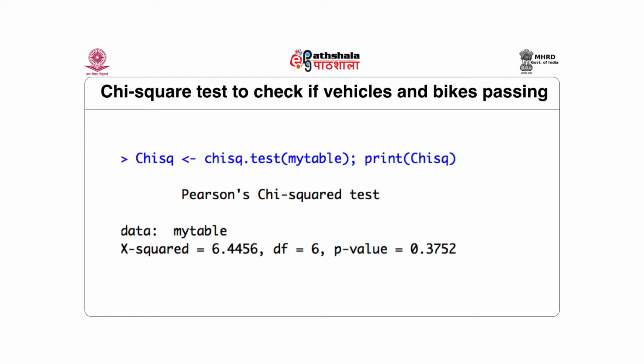In other words, you cannot reject the null hypothesis. In fact, if you rejected the null hypothesis, then the probability of your findings to fall under the null hypothesis is going to be around 38%, which is very, very high. It just tells you that these things are kind of independent of each other.